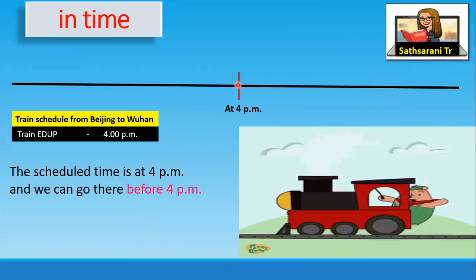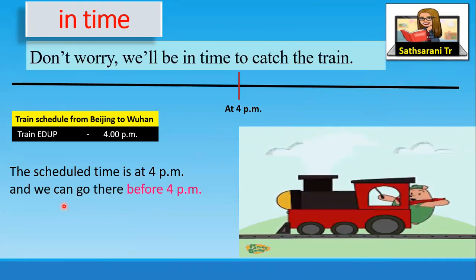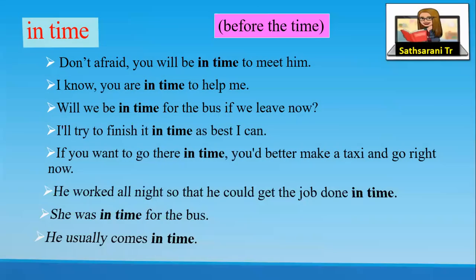So don't worry, we will be in time to catch the train. That means before the time, we can go to the railway station. In time means before the time.